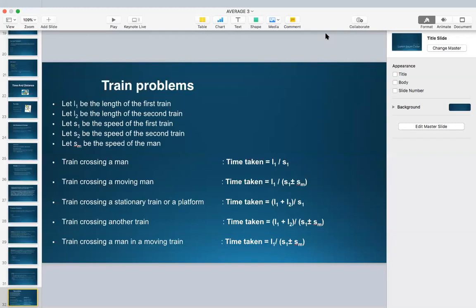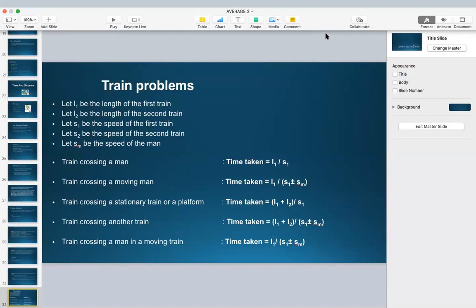So now, if I want to find out the time taken by the train to cross the platform, just imagine how the timer will act now.